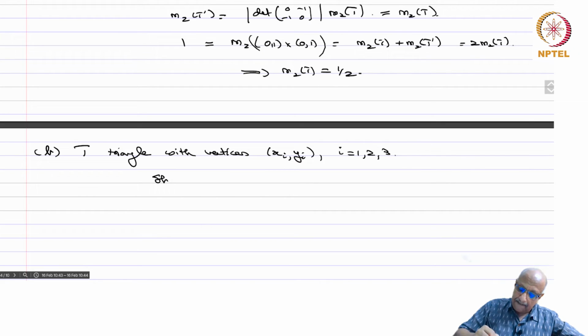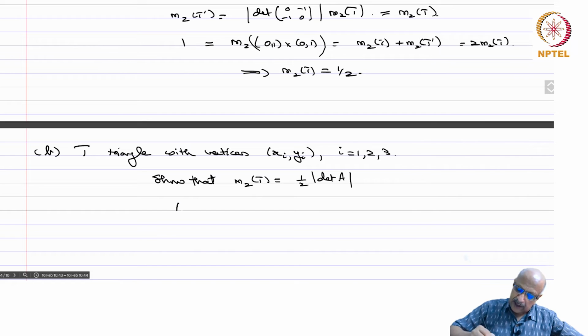Show that M2 of T is equal to 1/2 of the modulus of the determinant of A, where A is the matrix with rows 1 1 1, x1 x2 x3, y1 y2 y3.